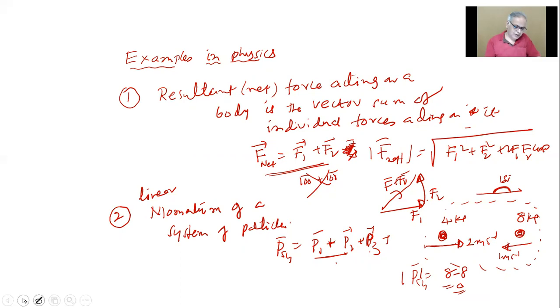Now, the third and most important example, which will be very interesting, I'll be discussing now in vectors, relative kinematics. Third one: velocity of a body from a fixed frame or a ground frame is equal to velocity of the body relative to the moving frame plus velocity of the moving frame with reference to the fixed frame.